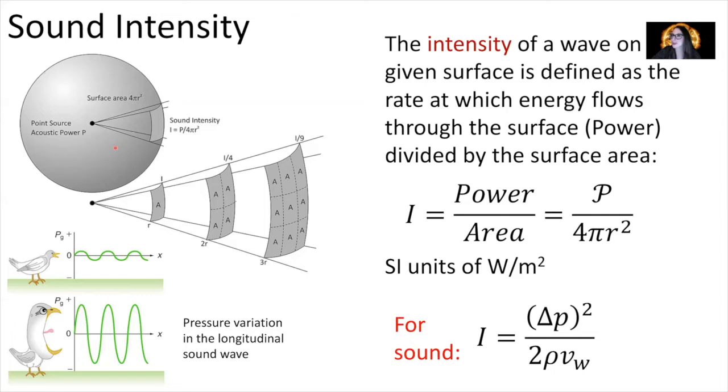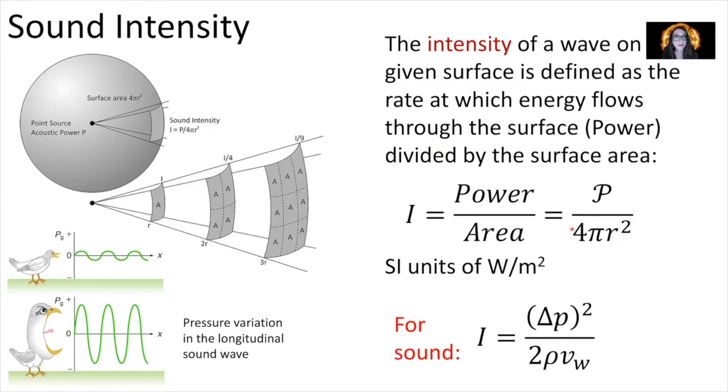You've experienced that in your life. The closer you are to a speaker, the more intense that sound is, the louder it will be. The farther you are away from the speaker, the less intense and less loud that sound will be. This is an example of what we call an inverse square law. The intensity is inversely proportional to your distance squared away from the source.